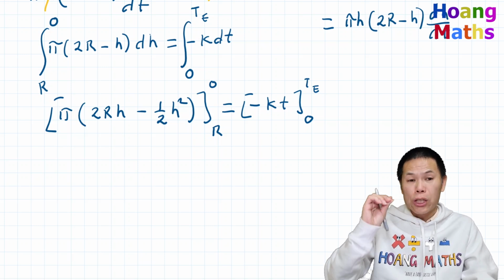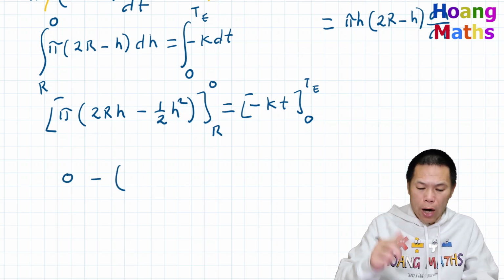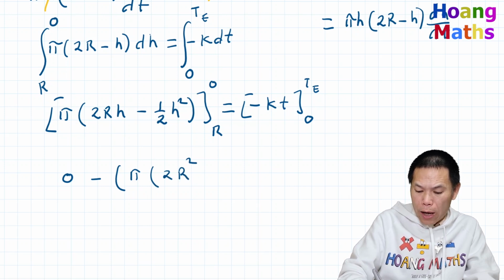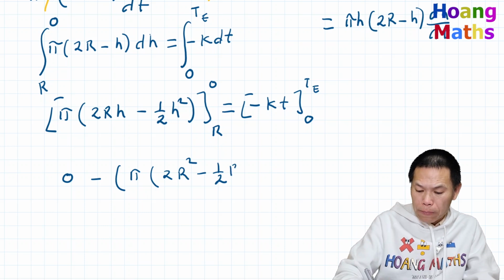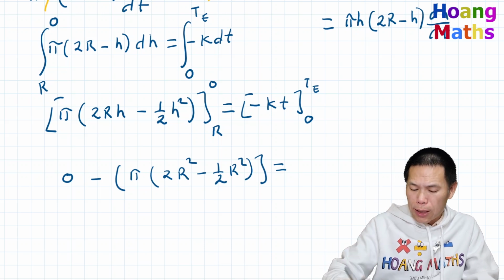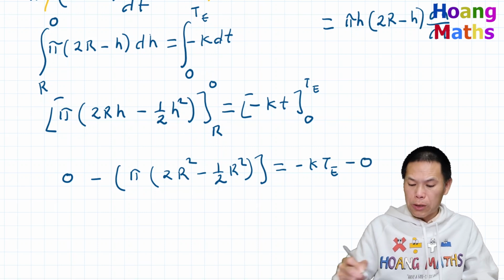When h is equal to 0, the whole thing becomes 0. And we subtract when h is equal to r: 2r times r becomes 2r squared, minus a half h squared becomes a half r squared. That is equal to, when t is TE, negative k TE, and when t is 0, it becomes 0.